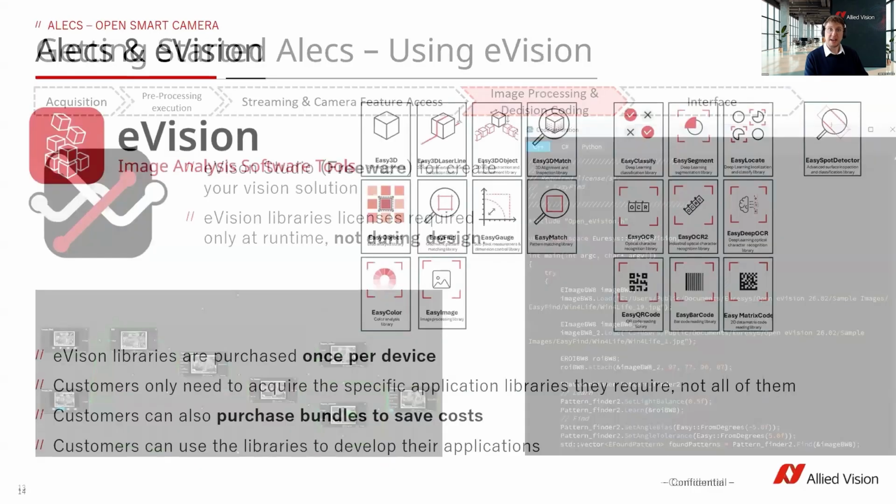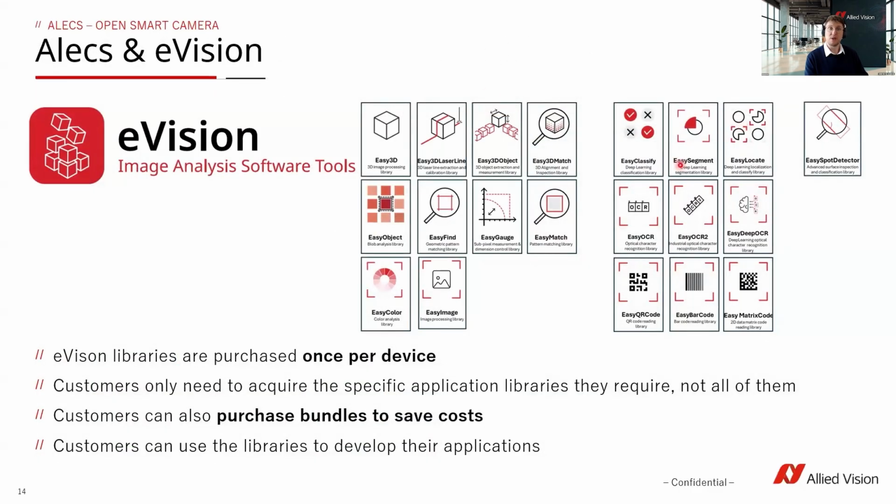Okay, coming to the end, just the overview. When I mentioned we have with eVision a colorful rainbow of application image processing libraries, this shows everything. So we have DCR, classify, segment things, locate things, which are our deep learning libraries. But we also have the standard application stuff for QR code reading, barcode reading, matrix code reading, measurement task, and so on.